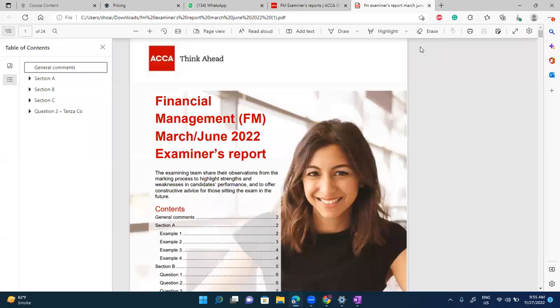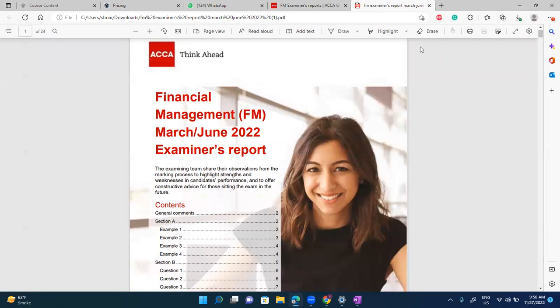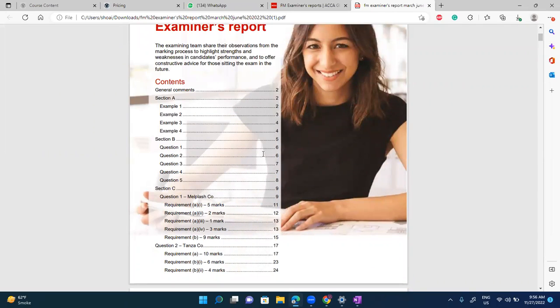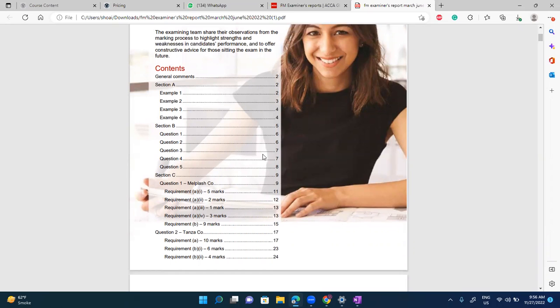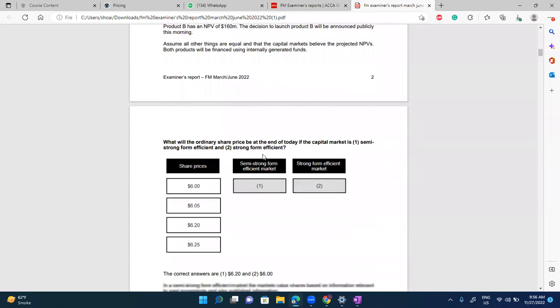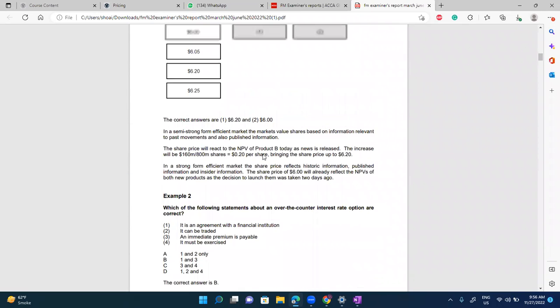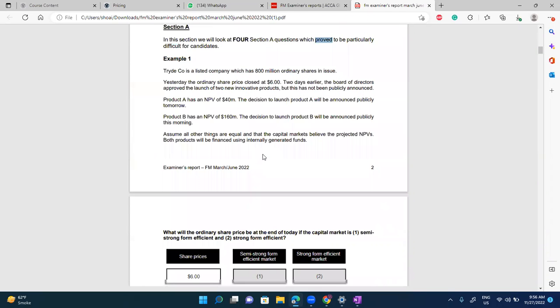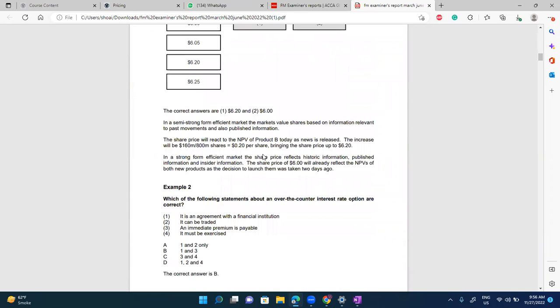This is March, June. Obviously, you guys know that risk management will not be tested in section C, right? ये तो आप सबको पता है ना? Risk management will only be tested in section A or B. तो ये जो this is the examiner report, it includes some MCQs so that you know what kind of MCQs will be tested in the exam.